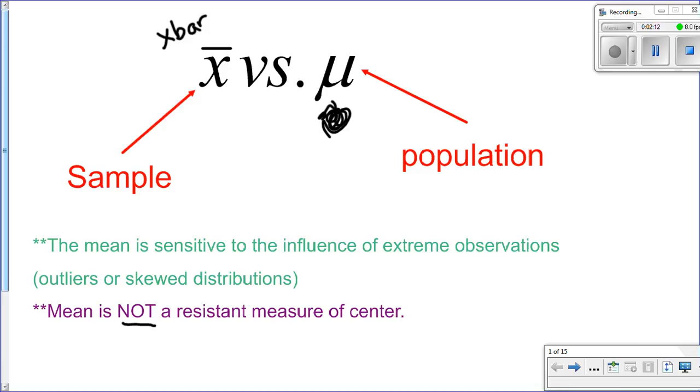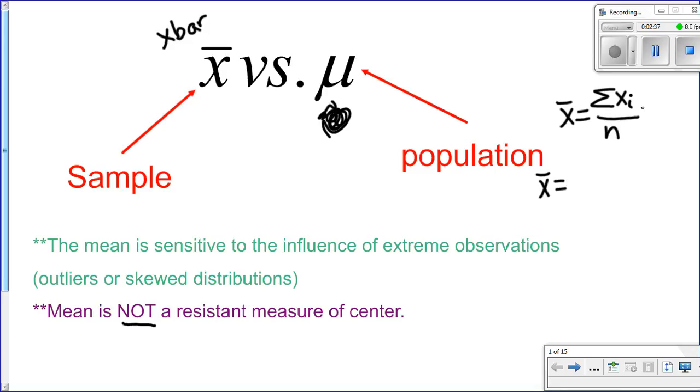To find our average, the formula on your formula sheet says X bar equals sigma of X sub i all over N. Let's talk about each of those parts. The sigma means to add up.